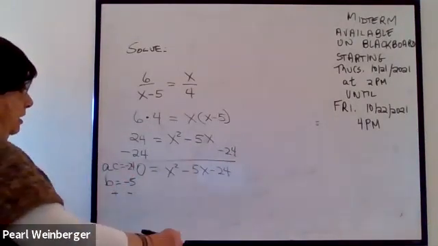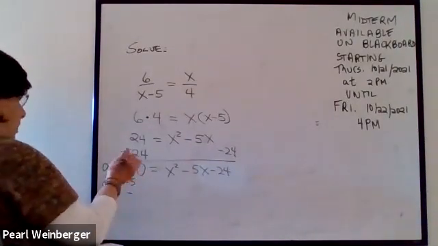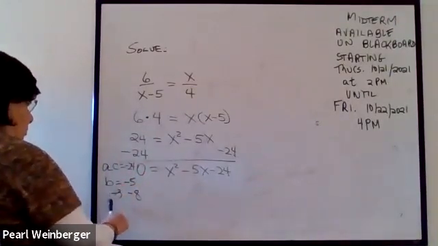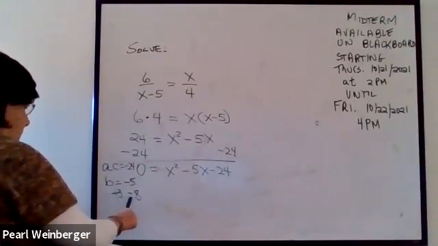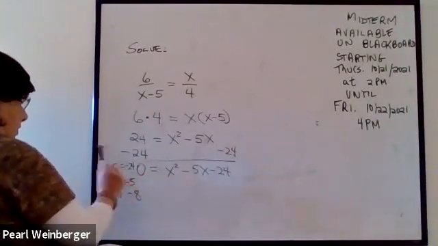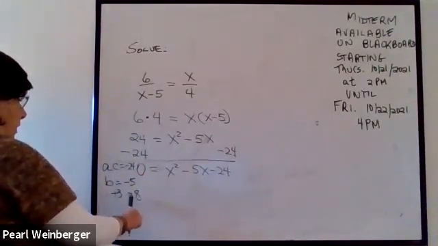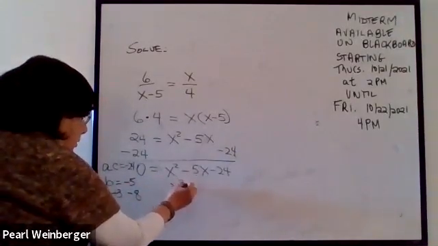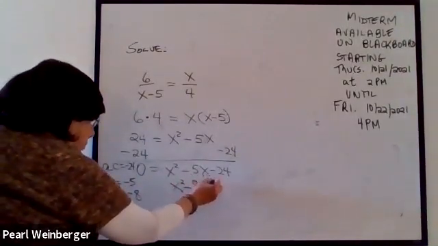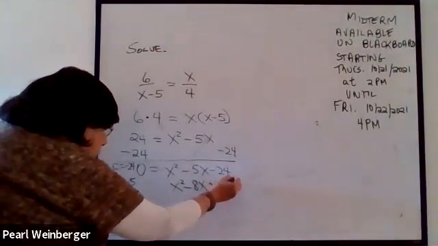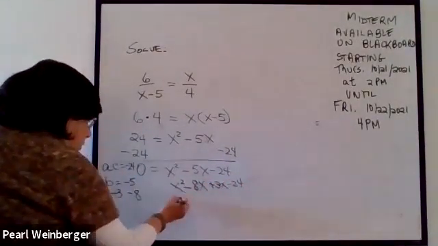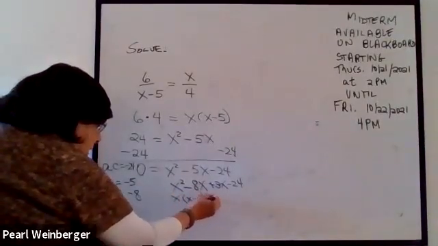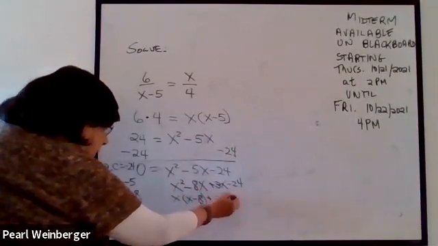I think you could see that it's 8 and 3, and it's going to be a negative 8 and a positive 3, because positive 3 times negative 8 will give us negative 24, and positive 3 minus 8 will give us negative 5. In other words, this will be x squared minus 8x plus 3x minus 24, which factors to x times x minus 8, and 3 times x minus 8.